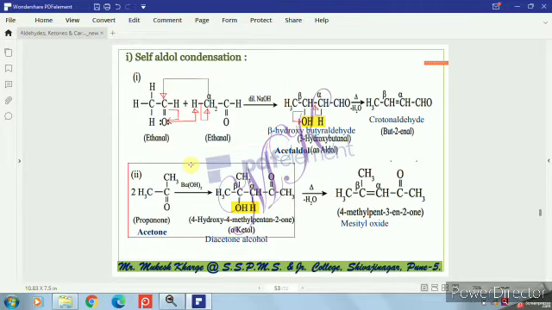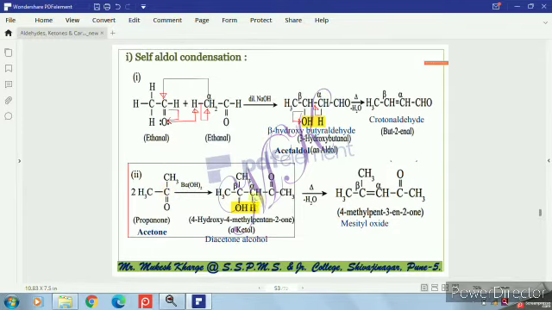Okay, now the next one is, if you take acetone, two molecules of acetone react with barium hydroxide, a dilute alkali, then it will give, so CH2 of the second molecule will attack the carbonyl carbon like in the previous reaction, then CO gets converted to COH, and that CH2 will attach to this carbonyl carbon.